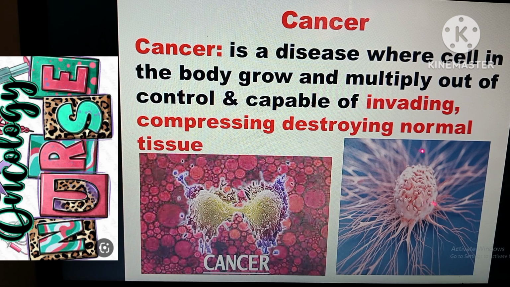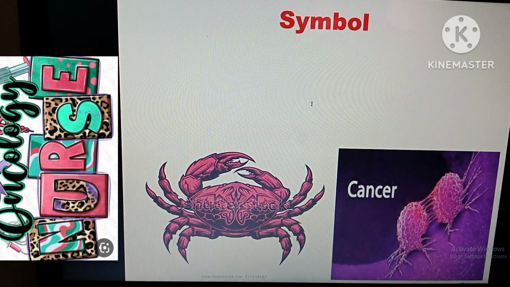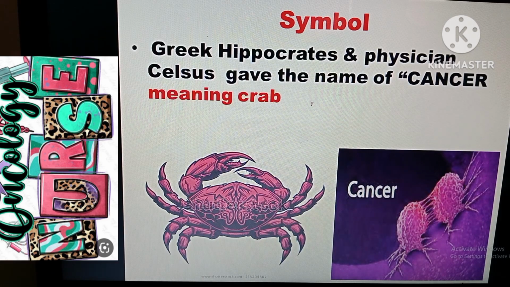You can see in the picture how the cancer cell looks. Finger-like projections you can see. What's the symbol of cancer? Wherever cancer is mentioned, they show a crab. Why the crab symbol? The Greek physician Hippocrates, and Celsus, gave the name cancer meaning crab. Because the crab has finger-like projections, in the same way the cancer cell also has projections.